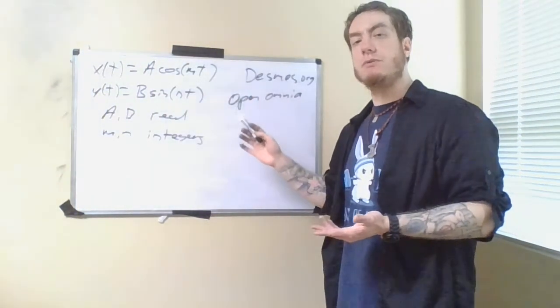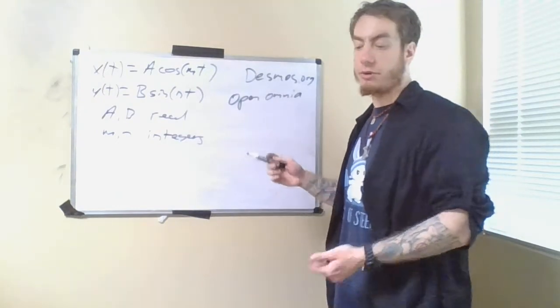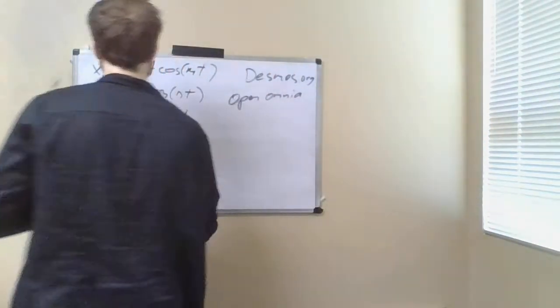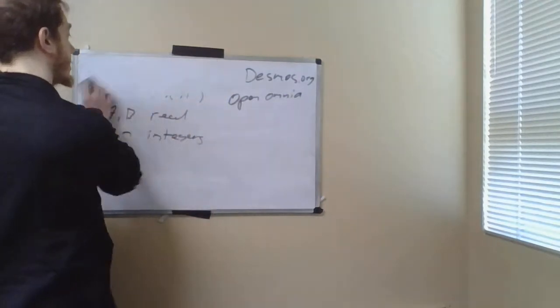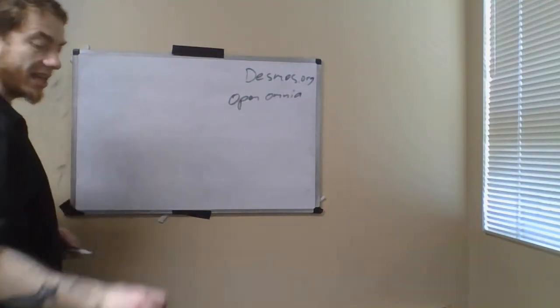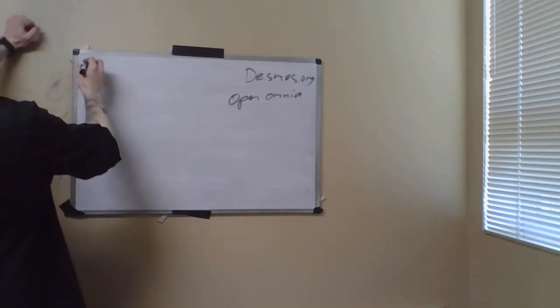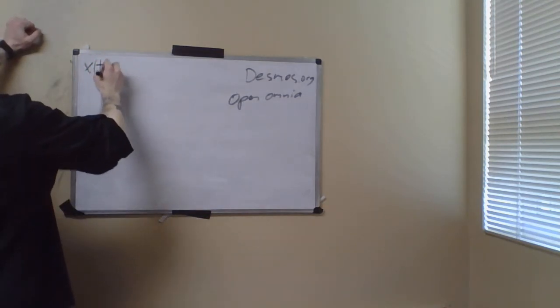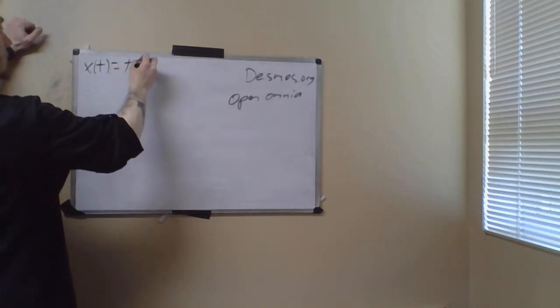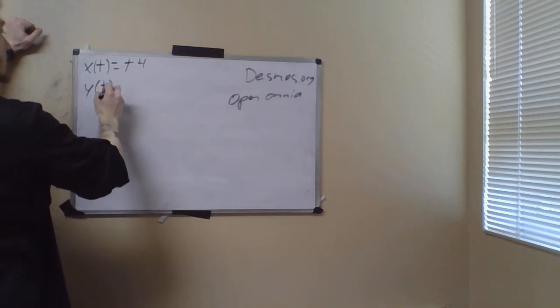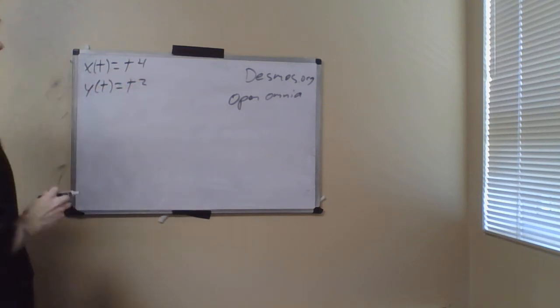And you don't have to just do these either. You can try plugging in some other types of equations. Here's an interesting one to try. What would happen if I did, and in fact, this one we can work out without even a calculator, x of t is equal to t to the fourth, and y of t is equal to t squared?